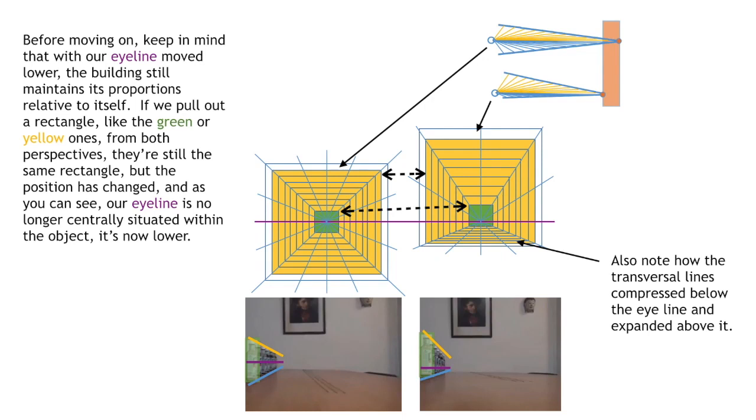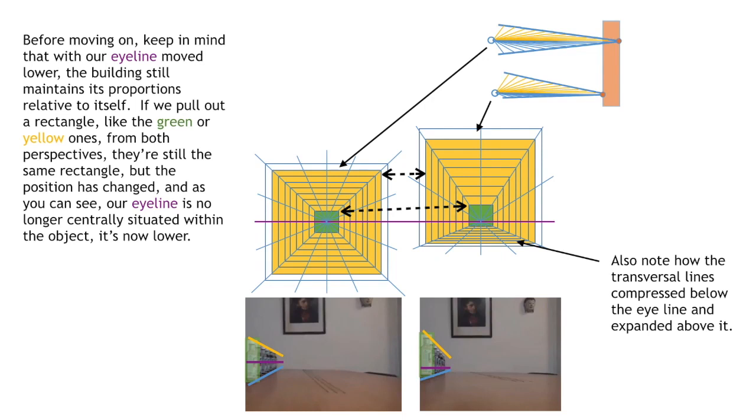So you can see how the eye line is in the middle of the bottle on the image on the left, but the eye line is moved down towards the lower half of the bottle with the image on the right, but the bottle is still the same bottle height.